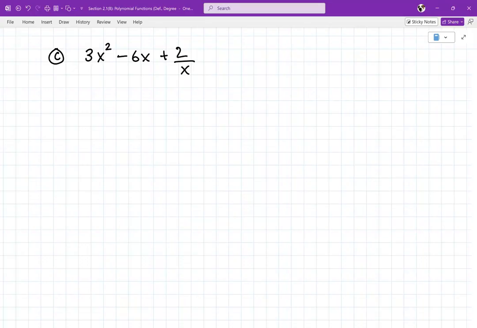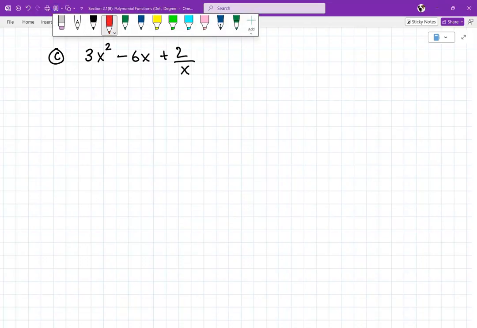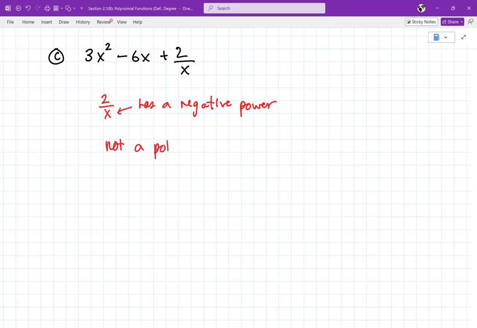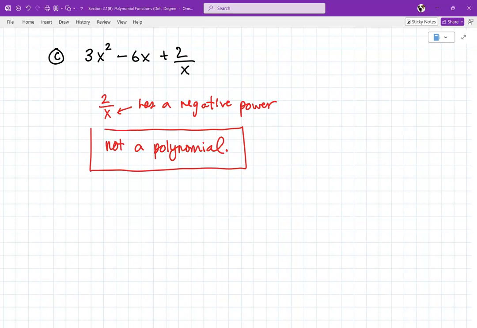So I'm just going to write, I guess I could put like 2 over x, has a negative power, not a polynomial. I'm going to write that it's not a polynomial, but I'm also going to tell why. That little piece right there, that's a problem.